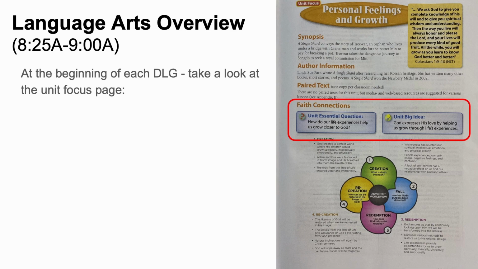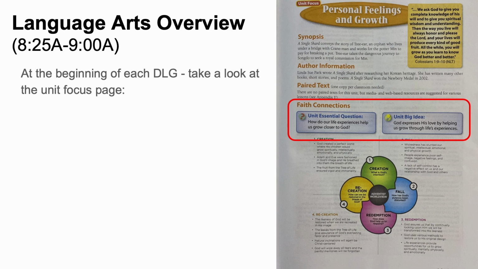Understanding that at the beginning of any of your units sets the stage for you to ask those questions and bring about response opportunities to tie kids back into this essential question and affirm this idea about God expressing his love.